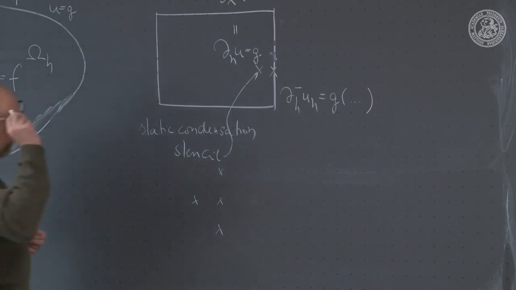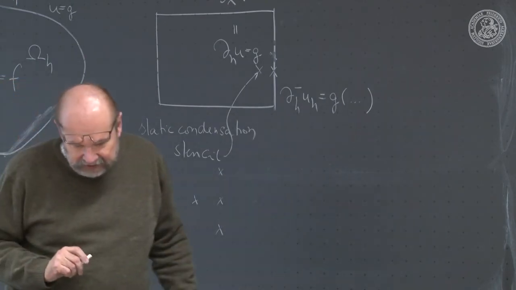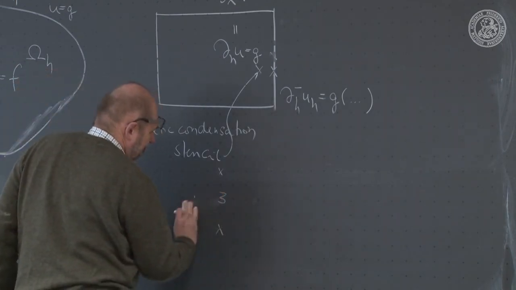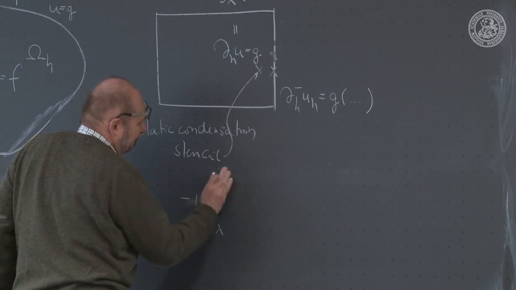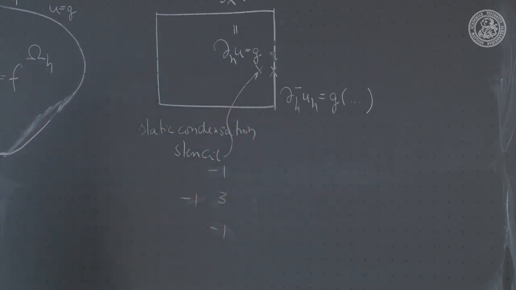And this adding up to something positive was in principle the reason for getting a matrix which is non-singular. In this case, something different happens, namely we get the weights a 3 here, a -1 here, a -1 here, and a -1 here. That is, now the entries add up to 0.